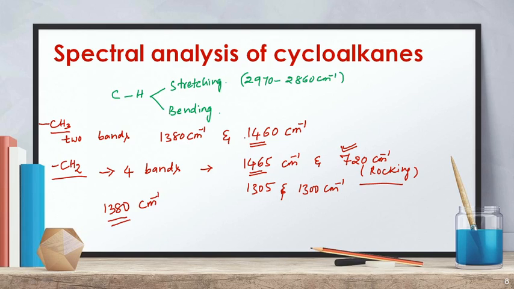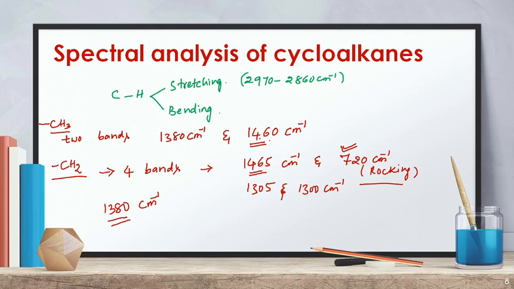See here, you have two bands at 1380 and 1460 for the methyl group, but for the methylene group you have the 1465 band only. At 1380 there is no band. So this is the identification for detecting the methyl group.